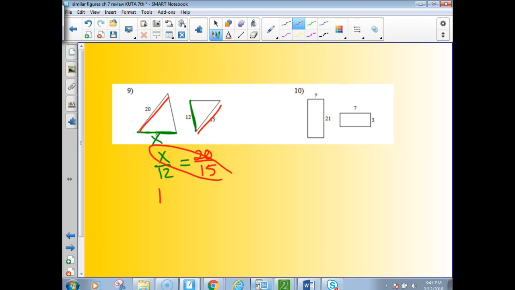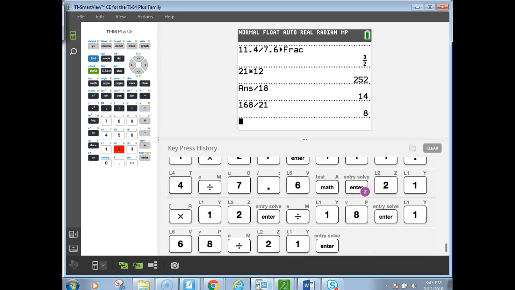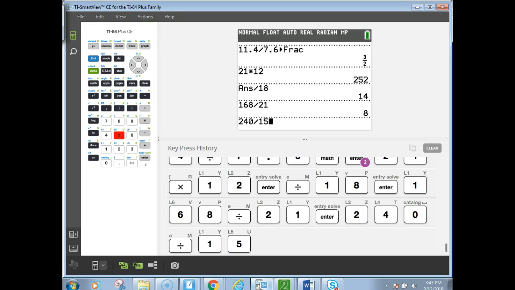Cross products are equal. 15 times x equals 12 times 20, which is 240. And then we'll have to divide by 15. So 240 divided by 15. And that comes out to 16.